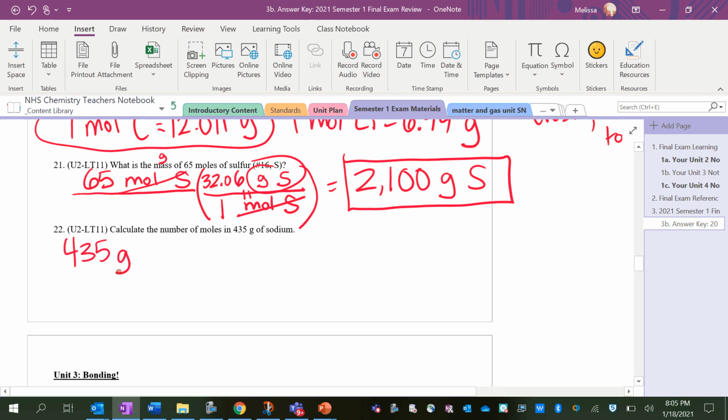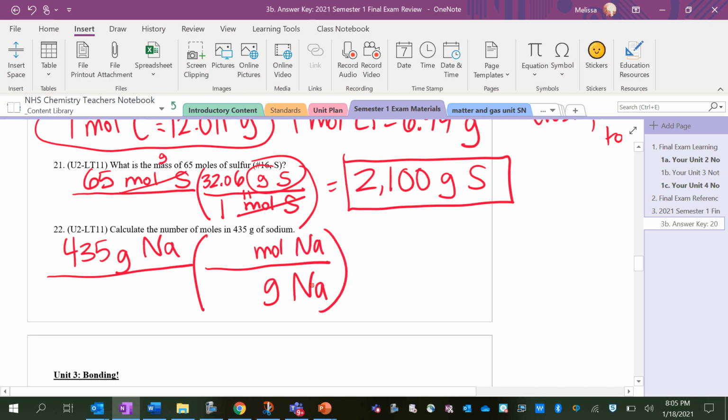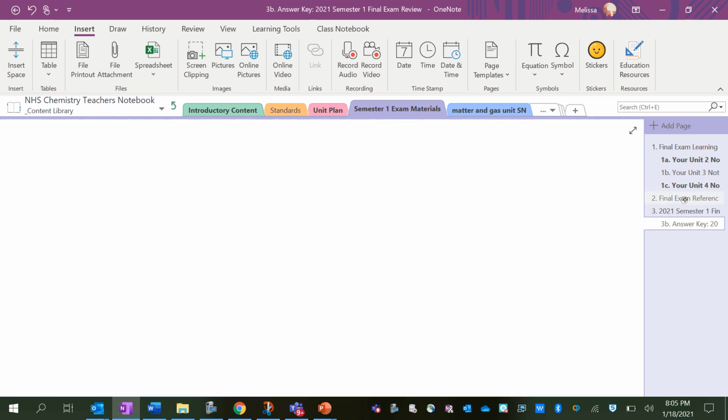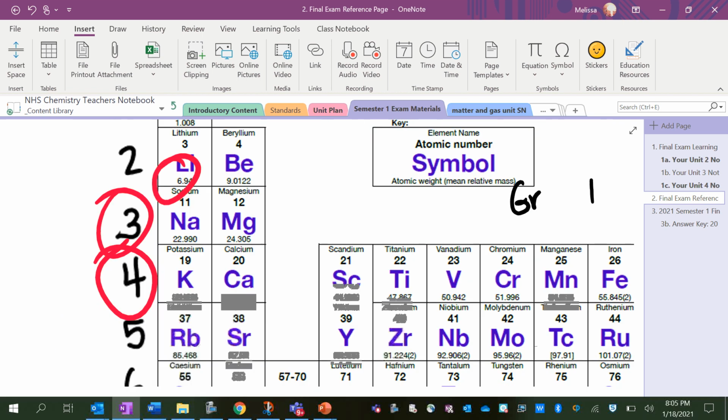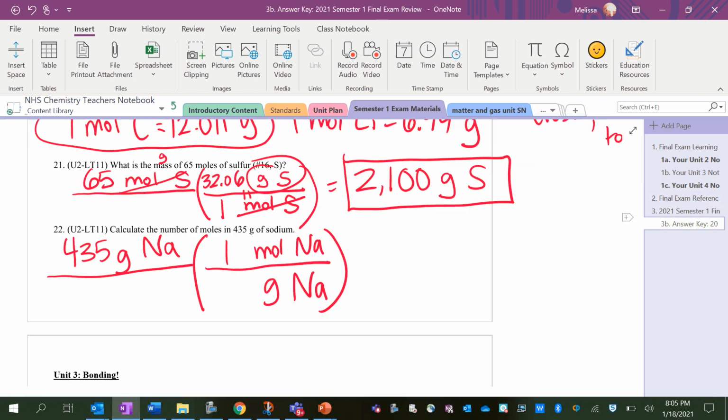Next, 435 grams of sodium. Sodium is number 11, Na. And I want to calculate how many moles that is. So I've got to cancel out grams of Na, and I've got to get it into moles of Na. So 1 mole of Na is equal to how many grams? So let's go look it up. 22.99.